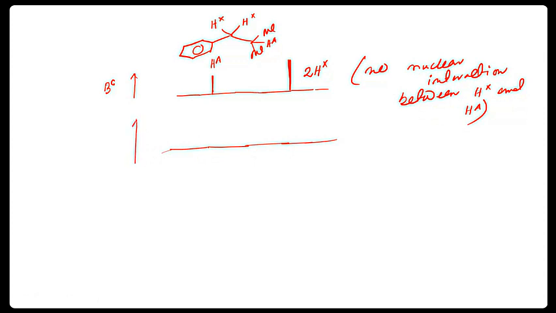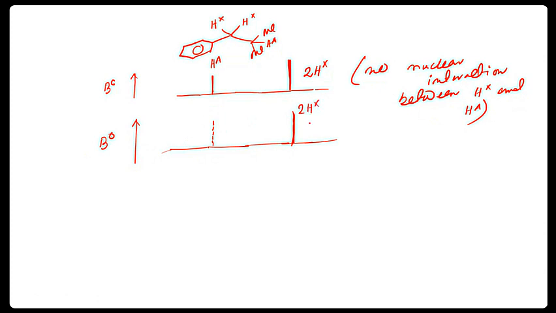We have the external magnetic field B0. If we don't have any interaction, then it would be supposed to come at the same value. Here what we have is 2 HX.